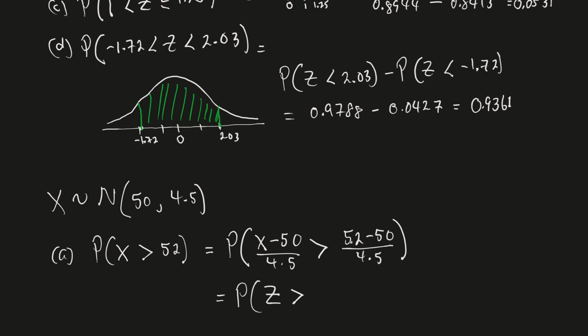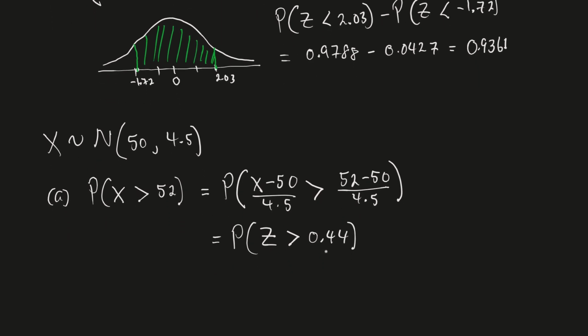Now if we take 52 minus 50, so that's 2, and then divide it by 4.5, that should be 0.4444 recurring. Now since our table has z values accurate to 2 decimal places, we will always round these numbers to 2 decimal places. So we're going to have something like this, right? Okay, and that's fine.